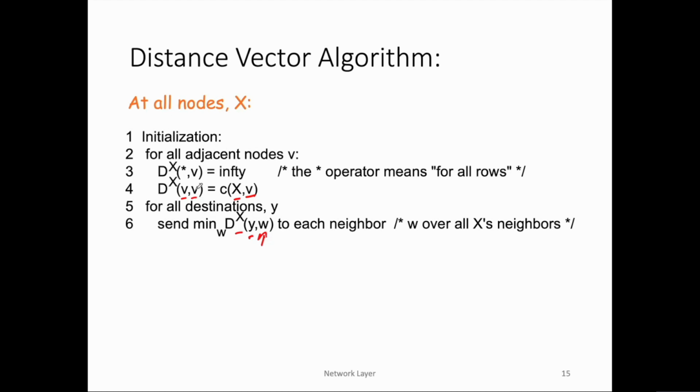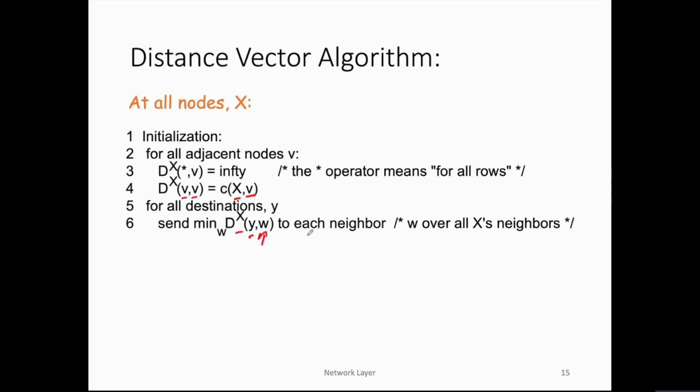So in this initialization step, simply put, if a node is directly attached to the neighbor, the cost is known, and if a destination is not directly attached to the neighbor, the cost is infinity. And then when a cost is known to reach a specific neighbor, we need to exchange this cost with the other neighbors. So X will exchange this cost to reach destination Y with each of its neighbors.